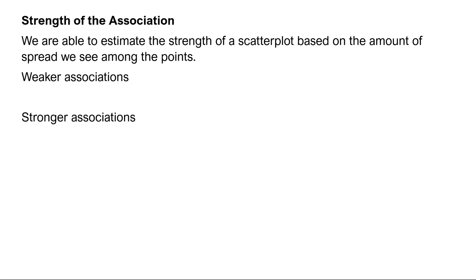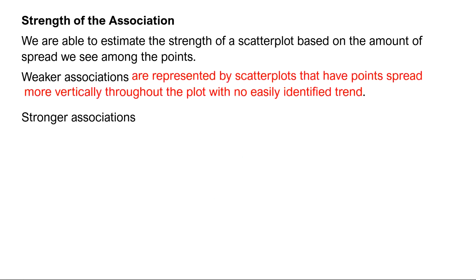So then we're going to talk about the strength of the association. We talked about that's what we're looking at. We're able to see the estimates of strength of a scatter plot based on the amount of spread there is on a vertical association with our data. So the weaker associations are represented by plots that have more vertical spread throughout the whole of the data scatter plot.